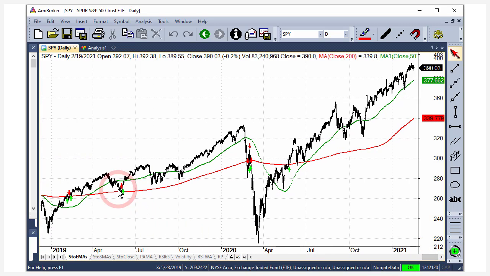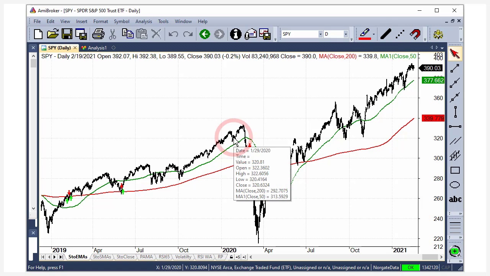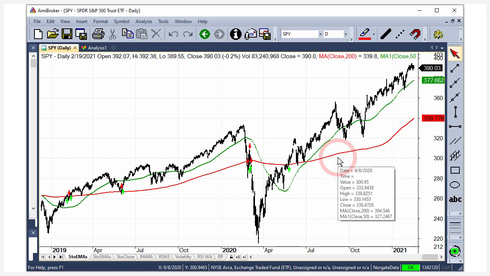So there you can see we got a whipsaw in May 2019. And we had a little whipsaw there at the beginning when this bull run started in the early part of 2019. But the point is here that the 200-day is used for a crossover to identify a trend reversal. In other words, the start of a trend.